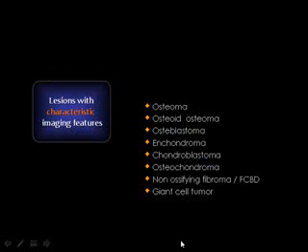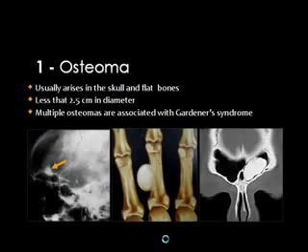Then we start with the first group, which is the largest one, and it includes about 9 tumors: osteoma, osteoid osteoma, osteoblastoma, enchondroma, chondroblastoma, osteochondroma, non-ossifying fibroma, fibrous cortical bone defect, and giant cell tumor.